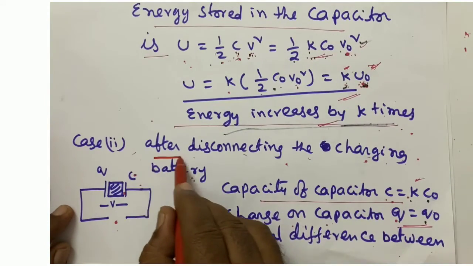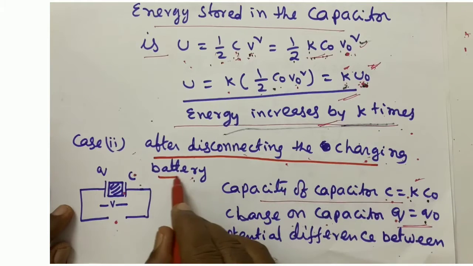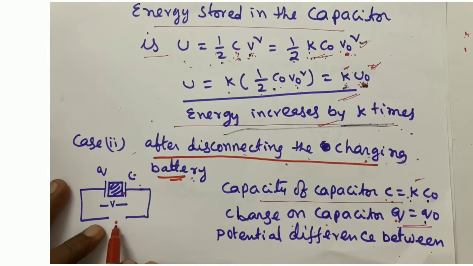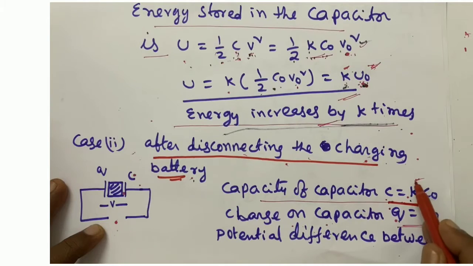Case 2. After disconnecting the charging battery, there is no supply. Dielectric slab is introduced, battery supply is not there. Capacity of the capacitor increases by K times. Charge on the capacitor Q equals Q0 only, no other way for the charge to flow outside.